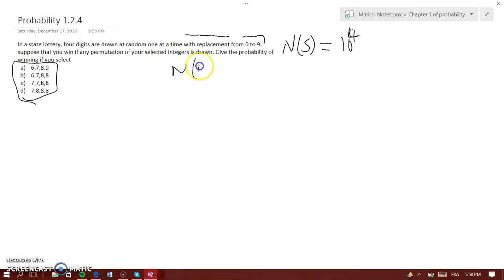So I will call N of A, the first one, 4 factorial. Why? Because permutation involves the factorial.